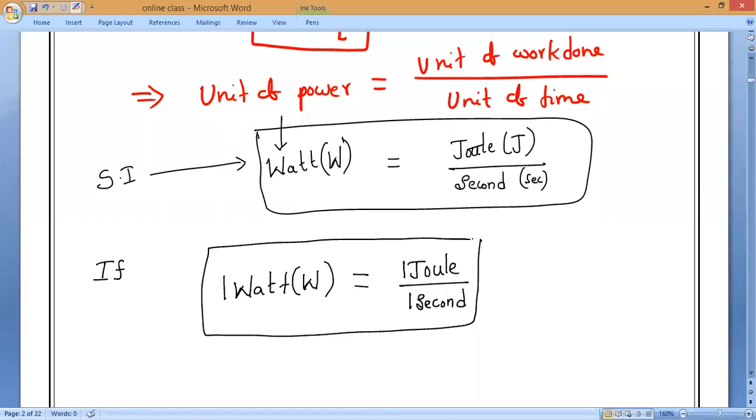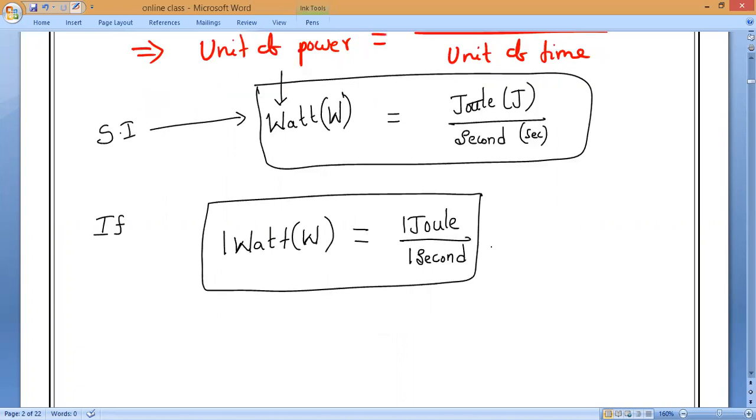So if any body consumes 1 joule of energy per 1 second, or does 1 joule of work per 1 second, then what is the power of the body? 1 watt. That is what you have to remember. The most important one, right? The power of a body is said to be 1 watt. Understand?